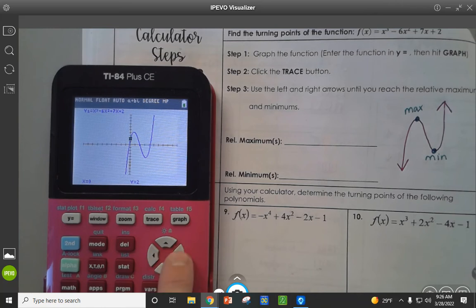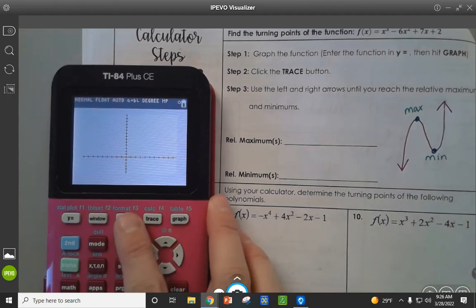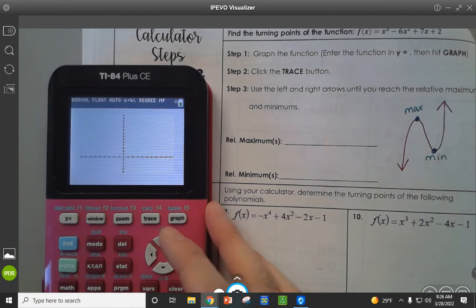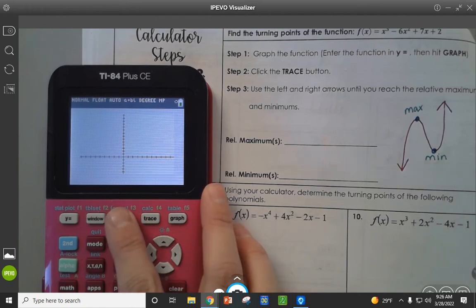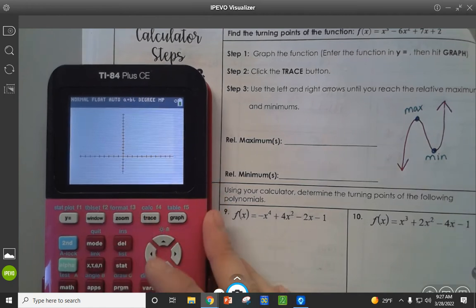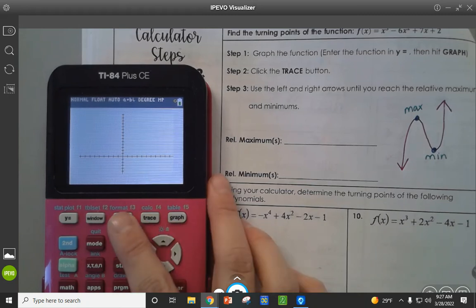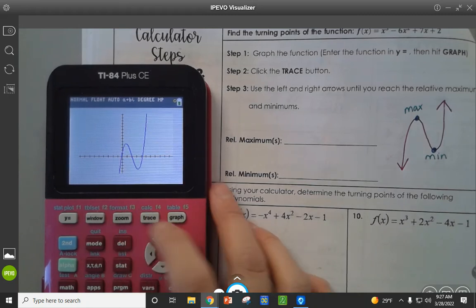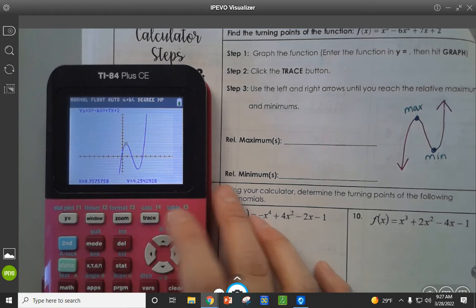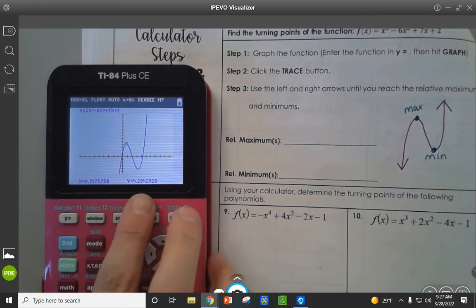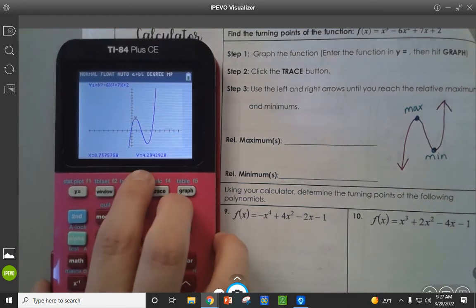And you can use your left and right arrows to get to this spot. Okay, not sure what button I hit, but okay. So right here, it looks like the maximum.